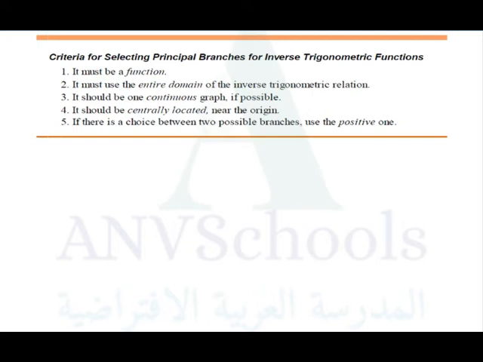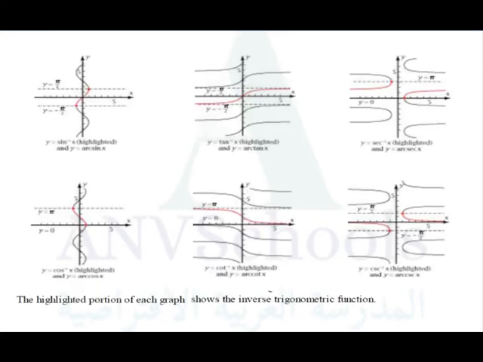Okay, next, if there is a choice between two possible branches, use the positive one. So that's what we are talking about. So look, we have a choice here to either use the positive or the negative. So we chose the positive part. Also here, we chose the positive part.